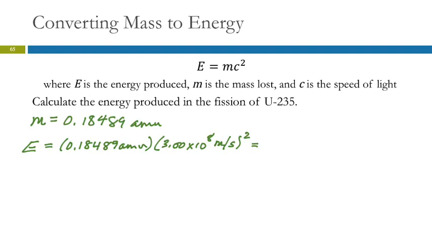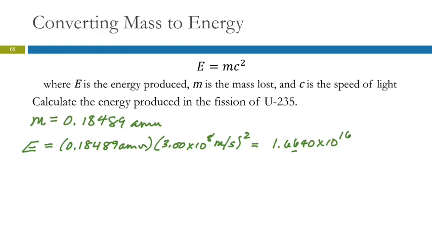And we come up with a number. Now I just put in 3 sig figs for the speed of light. Whoops, got an extra digit in there. That is an answer.